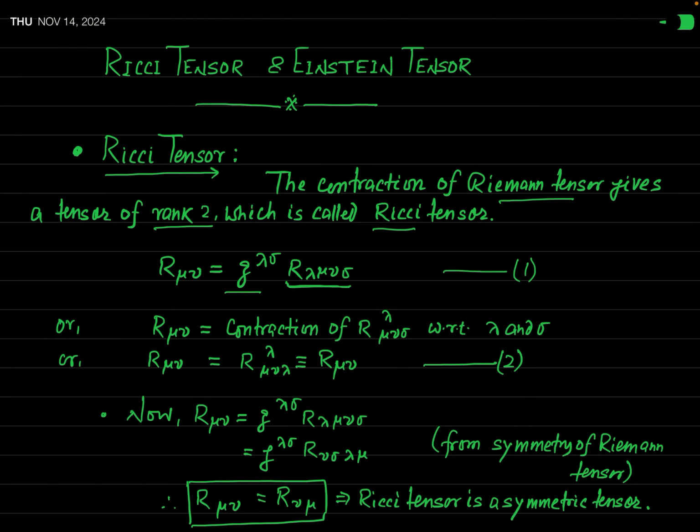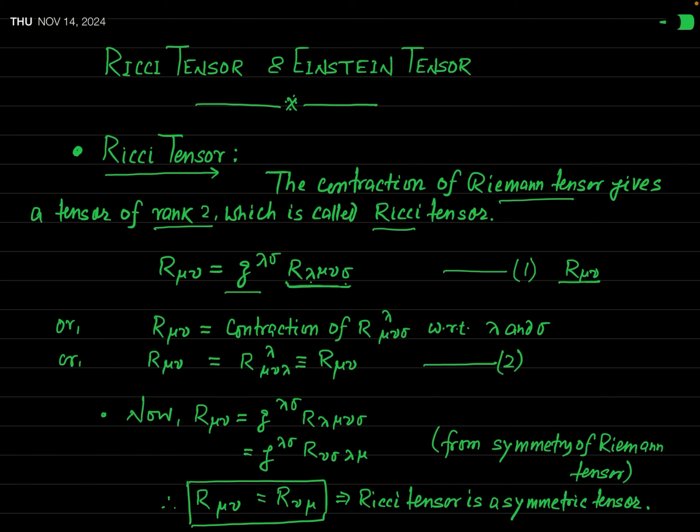So lambda and sigma will now cancel and your final result will be simply R mu nu. And this tensor R mu nu, which is a tensor of rank 2, is called the Ricci tensor.